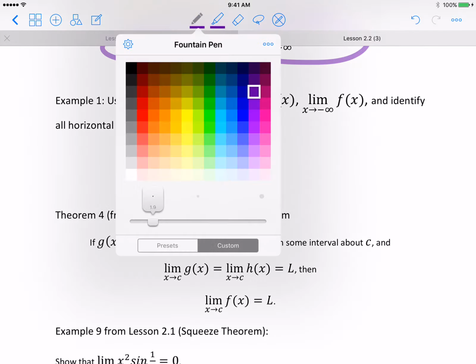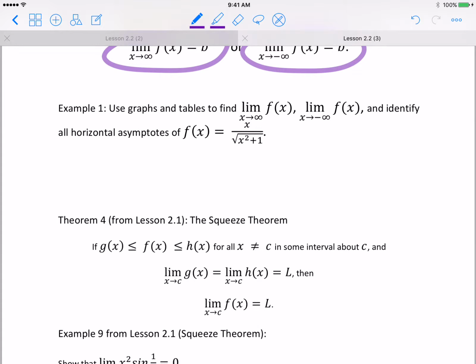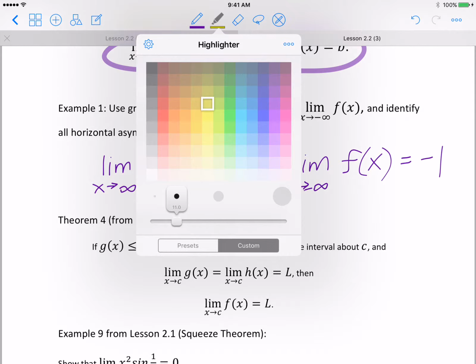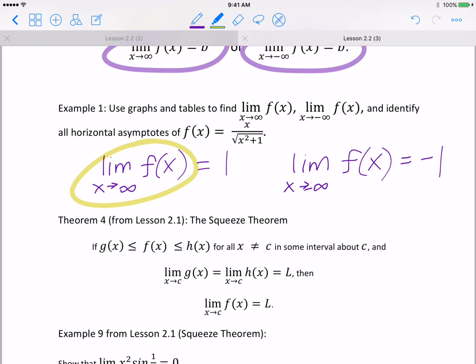So we could assume, for now, that the limit of f of x as x approaches positive infinity is 1, and the limit of f of x as x approaches negative infinity, on the other hand, is negative 1. The book doesn't cover this algebraically or analytically, depending on how you say it, but we'll see it.